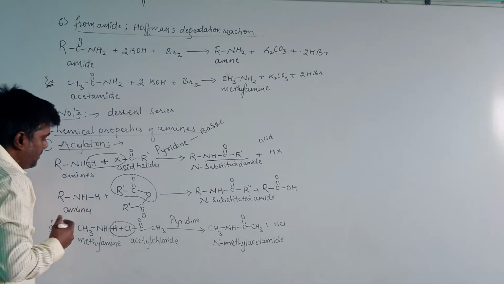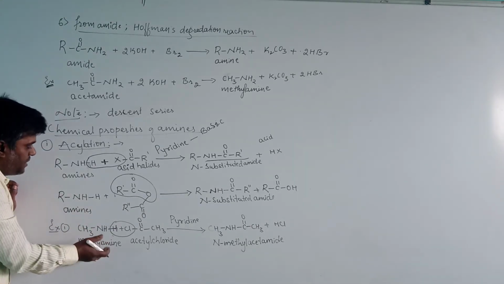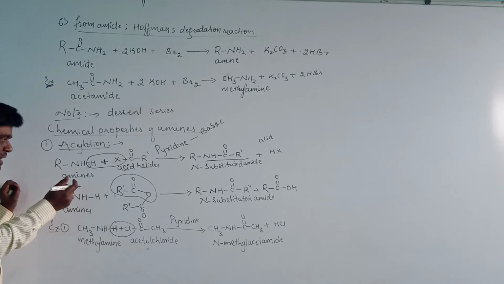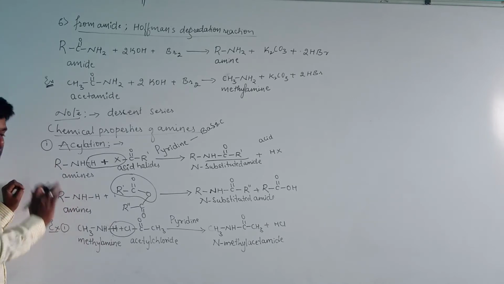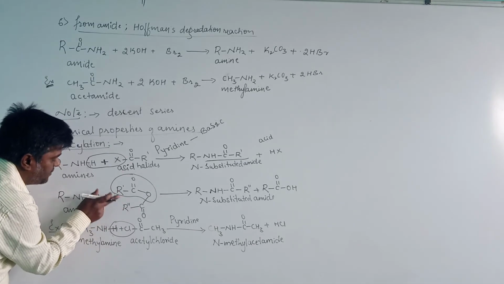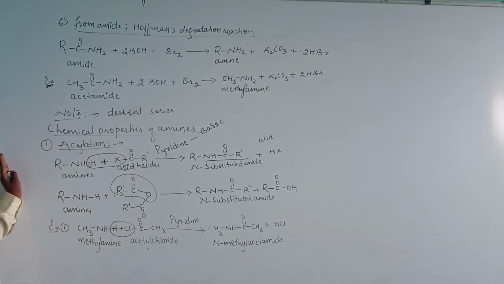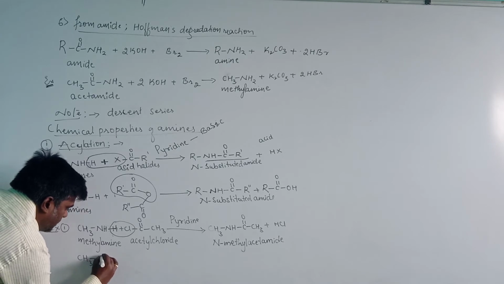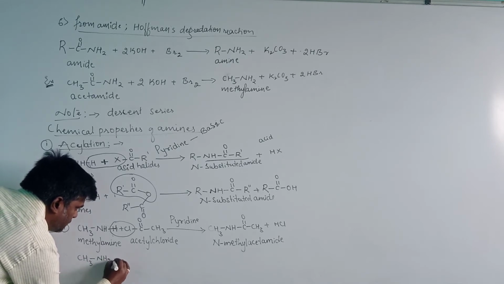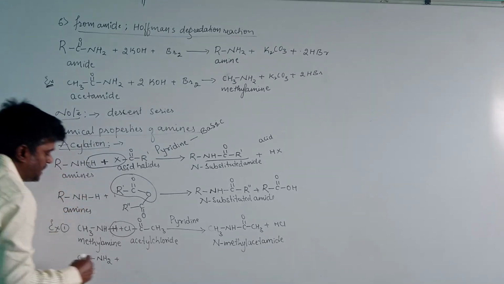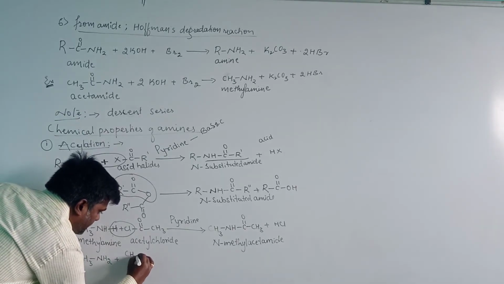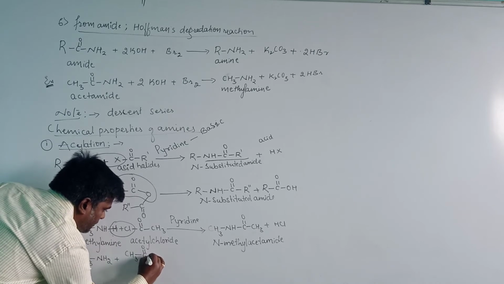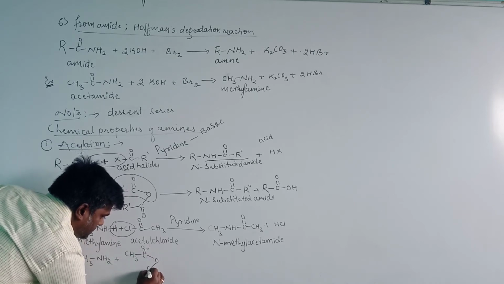Then let us see what will happen when methylamine reacts with the anhydride. We will consider acetic anhydride as an example. In the place of R we will take the CH3 group, then it will become the acetic anhydride. Methylamine is the example here, we will take CH3 NH2 plus acetic anhydride, that is CH3 C double bond O, and oxygen here, C double bond O and CH3.